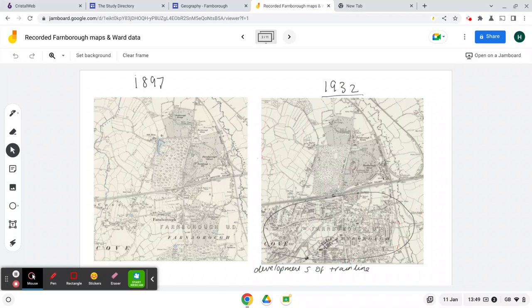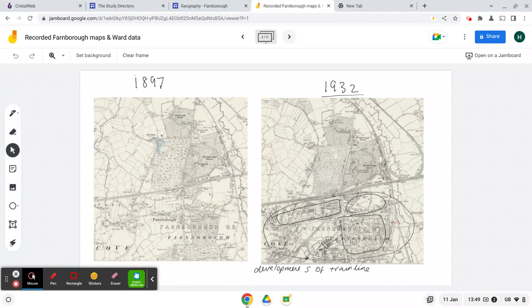So we still have got, if you zoom in on the original one, you can still see that we've got Coombe Farm. There is still some farmland. There has been lots of development around much of that farmland that was just south of the railway here and also around here. So it's starting to become more of an urban area.